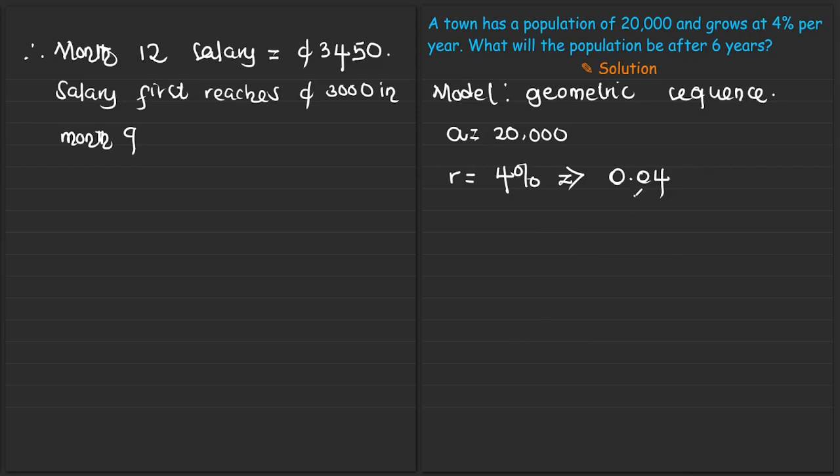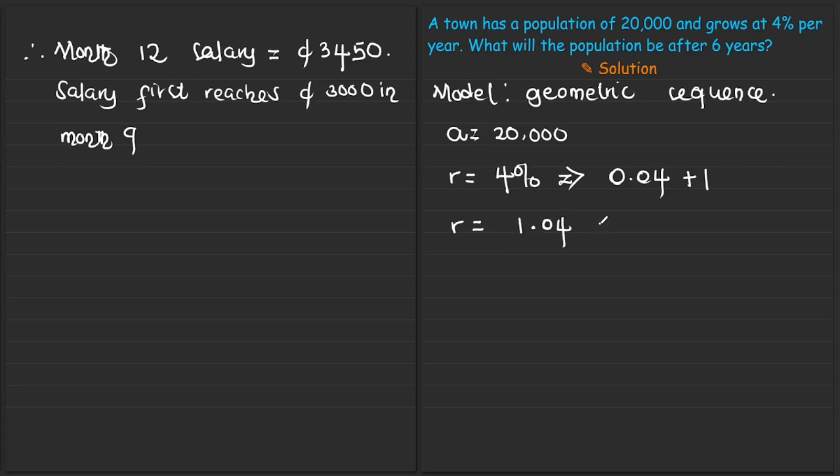Remember, we said in our lesson on geometric sequence, if r is a decimal, then it simply means the population is shrinking, it is becoming smaller. But this is not the case, it is rather a growth. So it is supposed to be what? Plus 1. So that r then becomes 1.04.